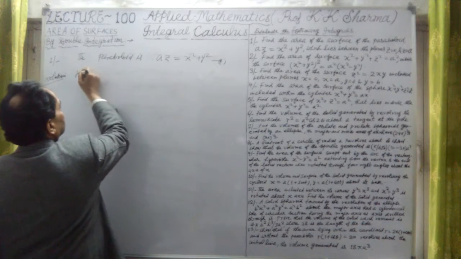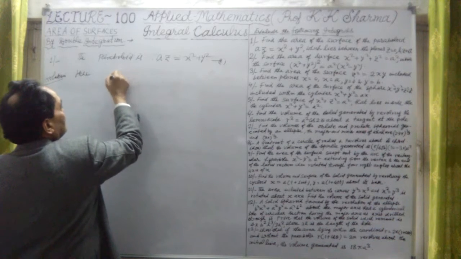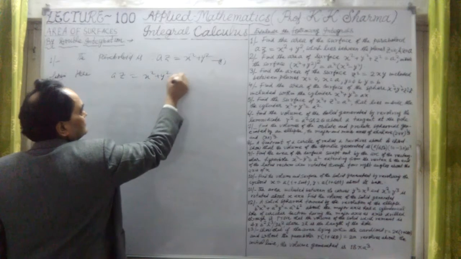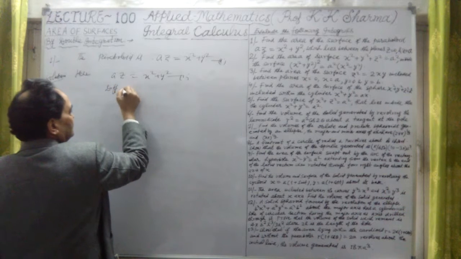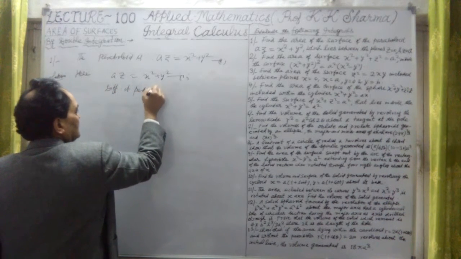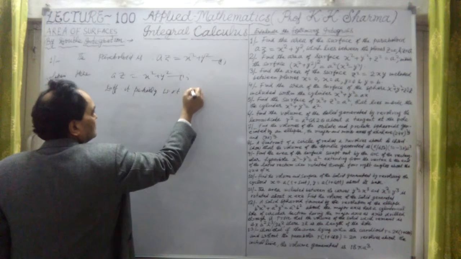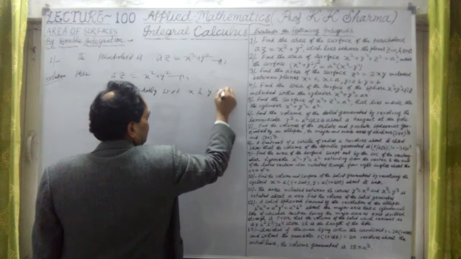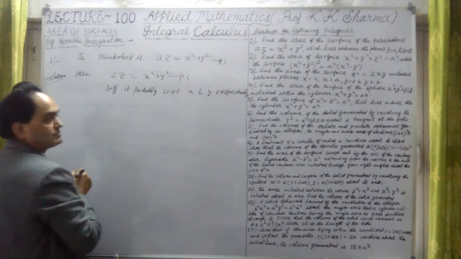So let me take first here, az equal to x square plus y square. This is the first equation we have taken. Differentiating it partially with respect to x and y respectively.